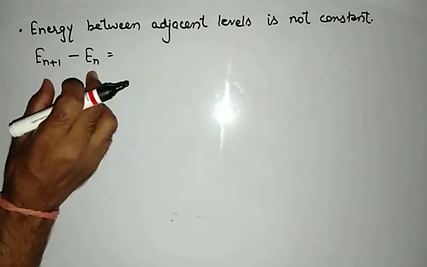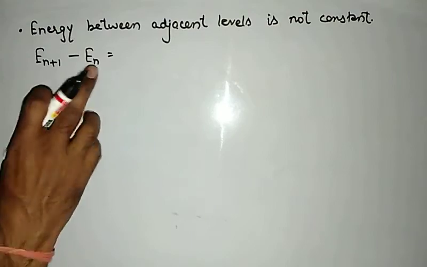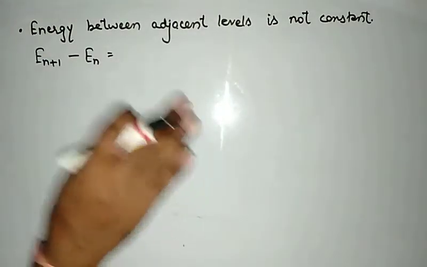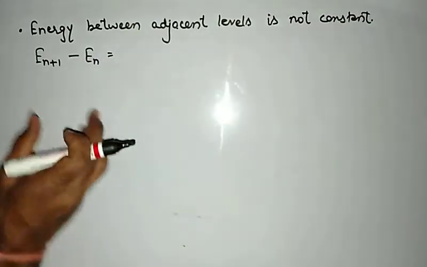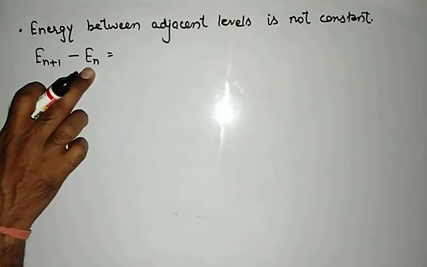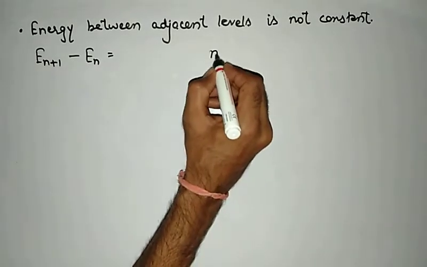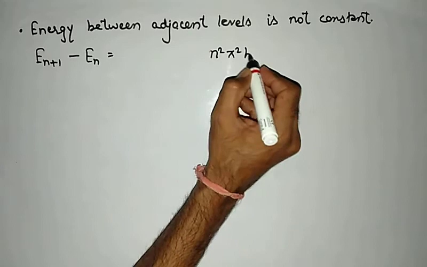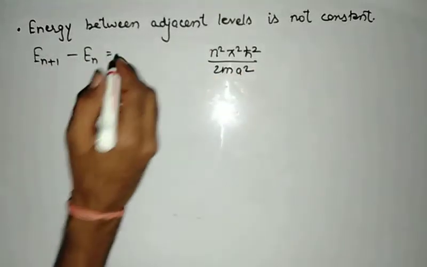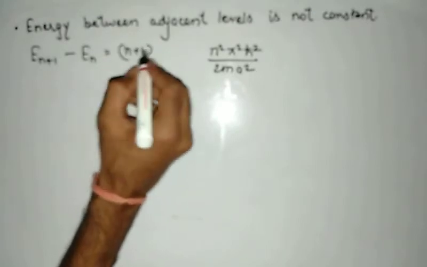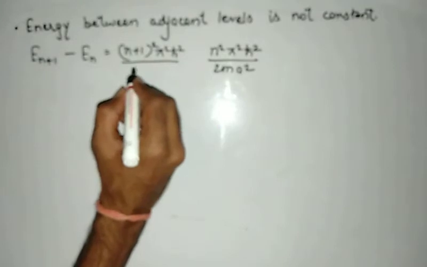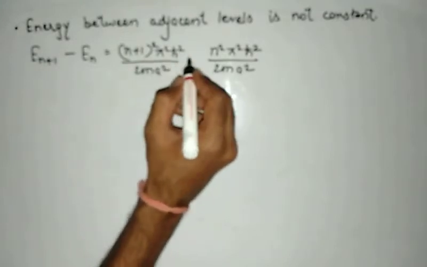This will be the energy between adjacent levels. First is n and second is n plus 1, that is, first is 1, then second is 2, like this in variable form. As we have noted, En is equal to n square pi square h cut square upon 2m a square, and for n plus 1, n plus 1 square pi square h cut square upon 2m a square.